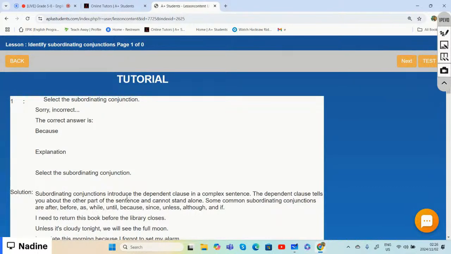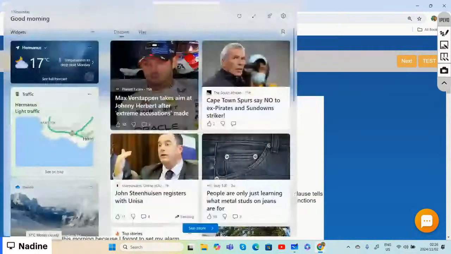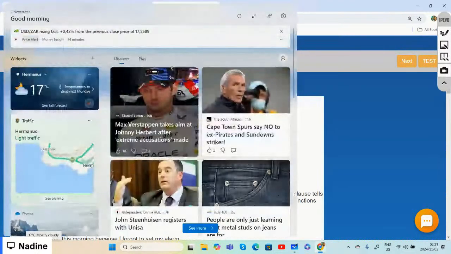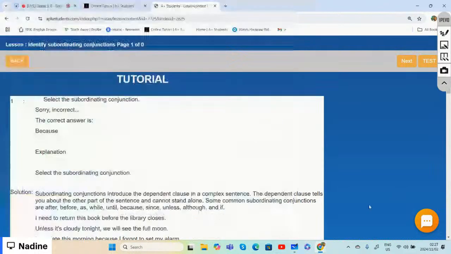Yes, I have to dress up as a witch for Halloween. As over there, as is our subordinating conjunction. Well done. I have to dress up as a witch for Halloween.